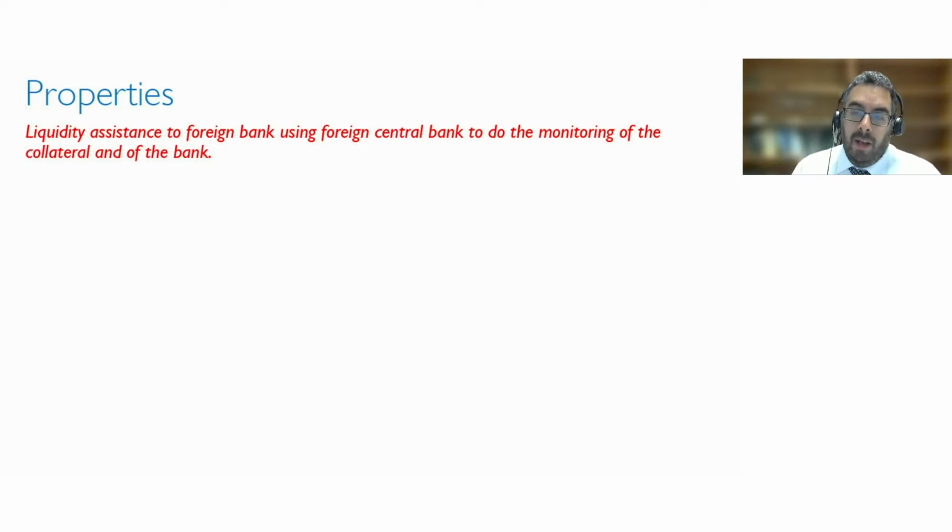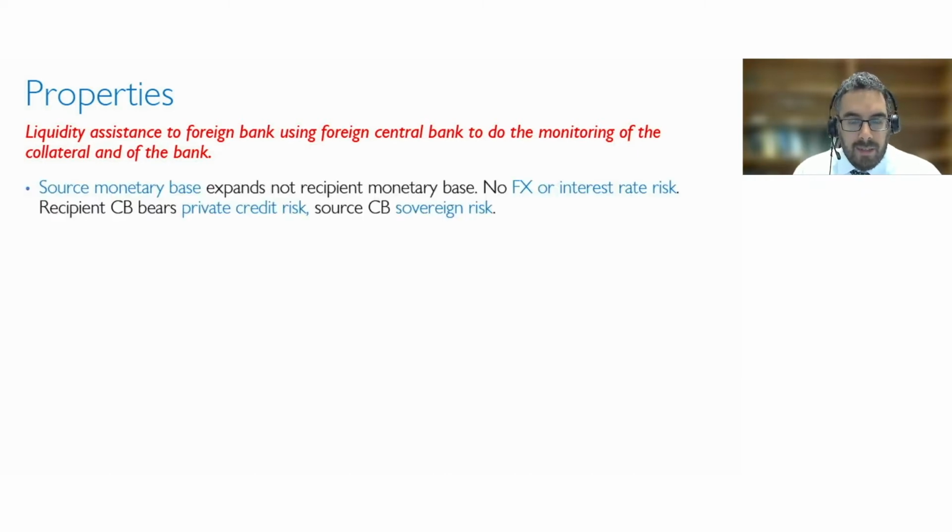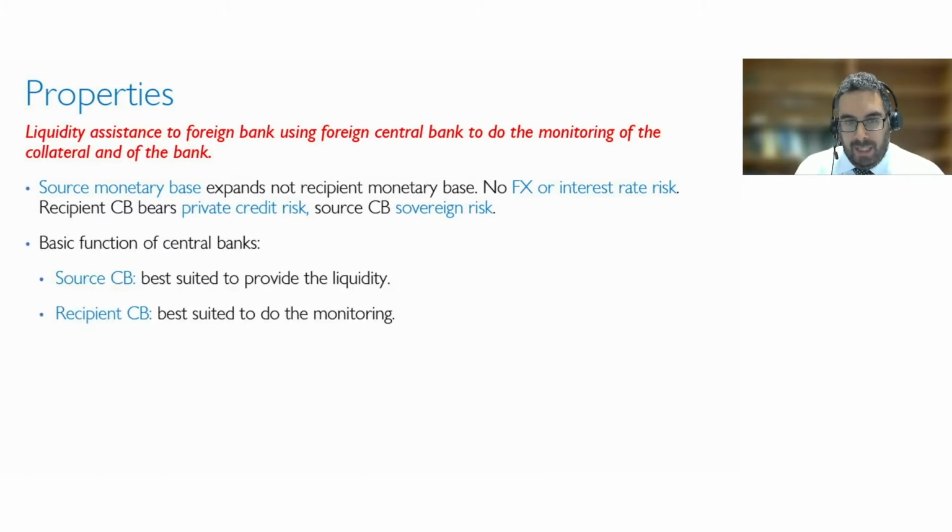They can use the foreign central bank as the intermediary in that transaction, and that is a good thing in the sense that, if you think about what the basic function of central banks is, it's the source central bank, the Federal Reserve and the PBOC, that's best suited to provide liquidity, but it's the Bank of Korea, the HKMA, which is better suited to actually do the monitoring of the commercial banks and make sure that they're behaving in the appropriate manner, rather than a central bank located a long way away in a different country.